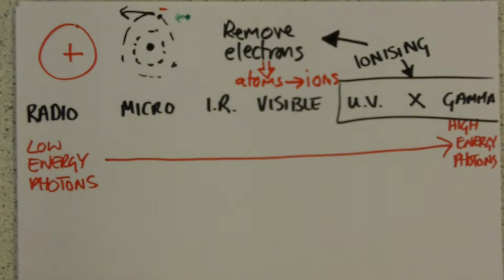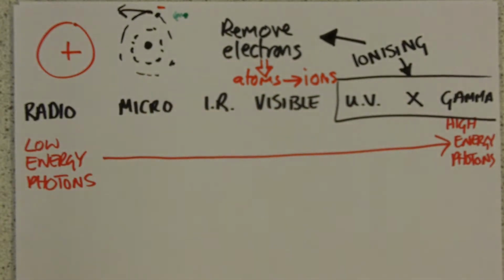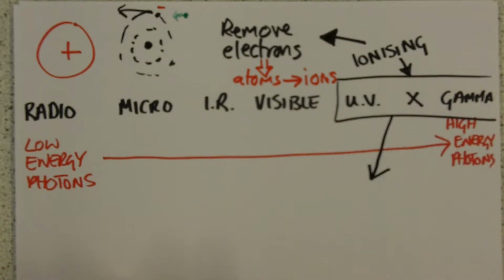Ions are much more reactive than atoms, so this process of ionizing can have dramatic effects on the properties of the atoms. If these atoms happen to be inside the DNA of a human being, then the molecules of DNA could behave in an unpredictable way.